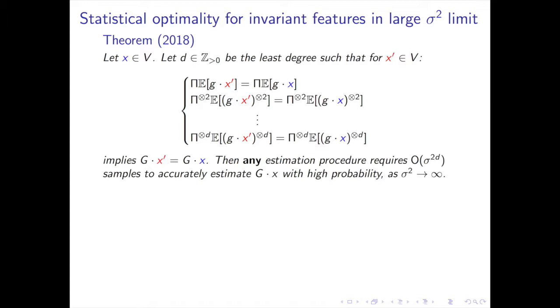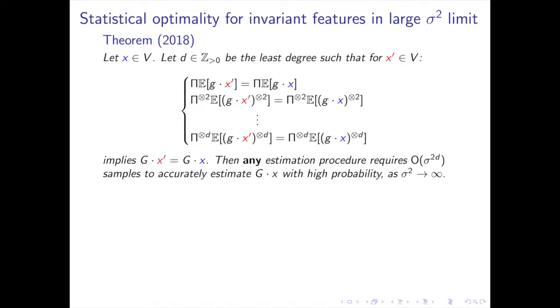Then any estimation procedure requires on the order of sigma to the 2d samples to accurately estimate the orbit with high probability as the noise goes to infinity. So what I'm telling you here is the dependence on the noise and the number of samples you need. It scales as sigma to the 2d, where d is this cutoff degree for moments to identify orbits.